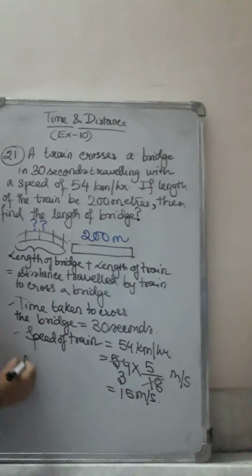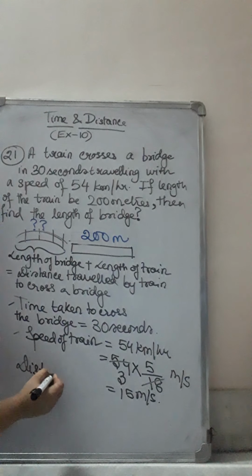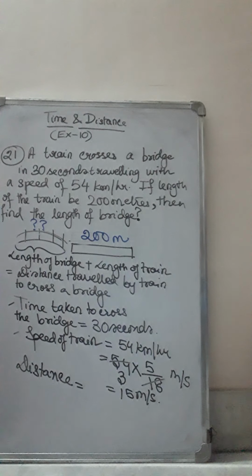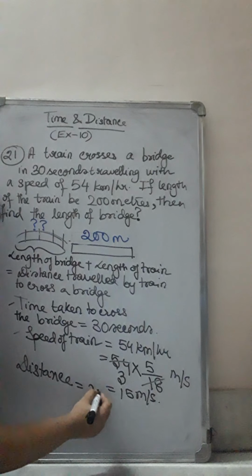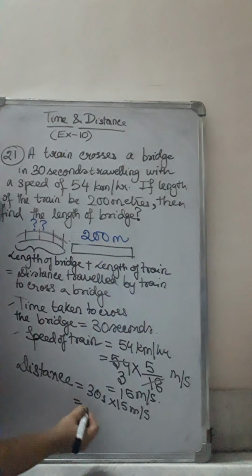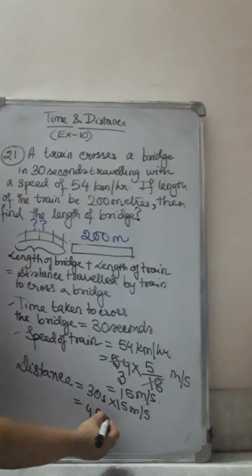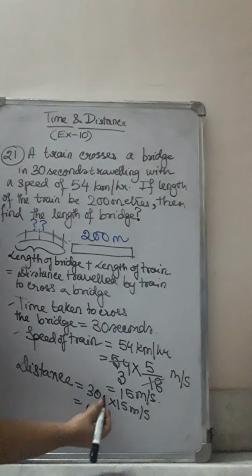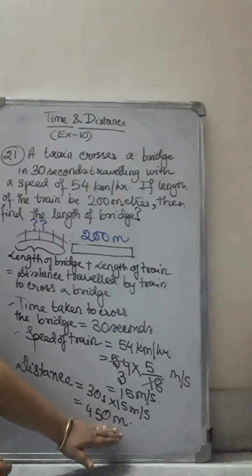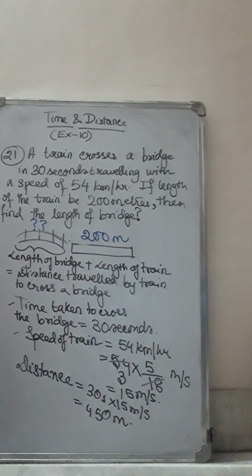Distance will be time into speed, so 30 seconds into 15 meters per second, which is 450. Seconds cancel, and the only unit present is meters. So the distance travelled is 450 meters.